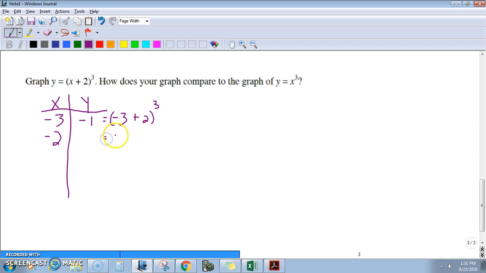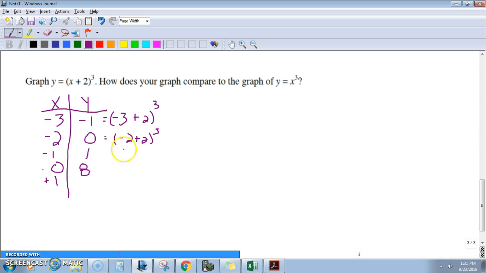Negative 2 is going to be just 0, right? Negative 2 plus 2 is 0, cubed is 0. Negative 1 is going to be positive 1. 0 is going to be 0 plus 2, 2 cubed is 8.